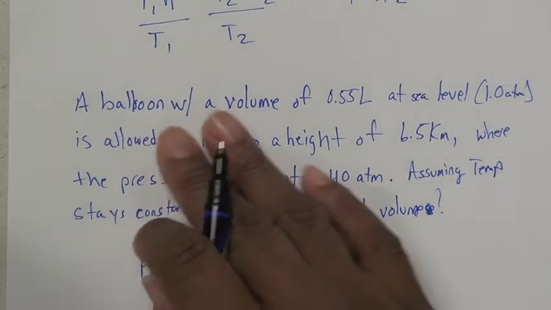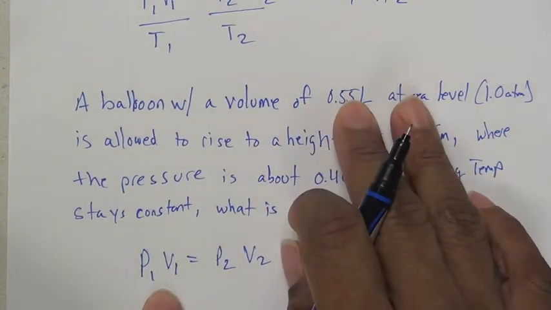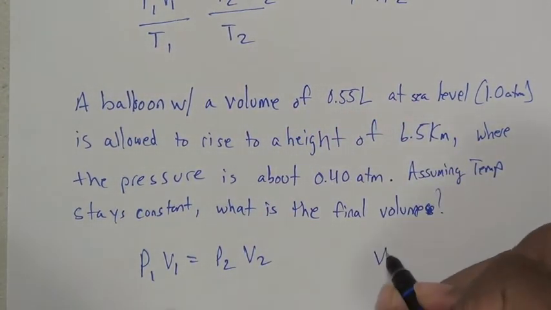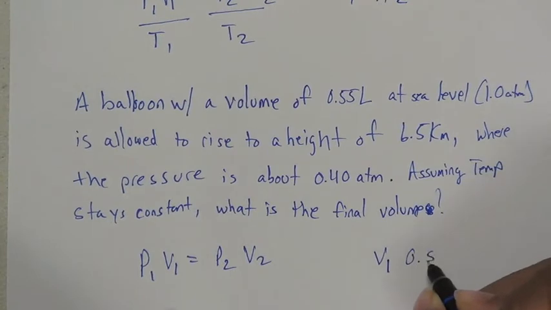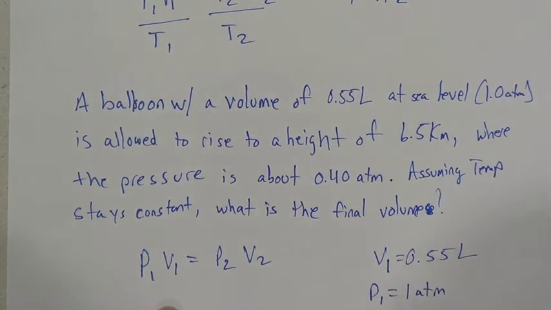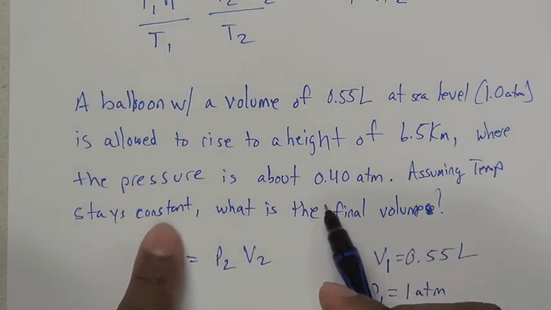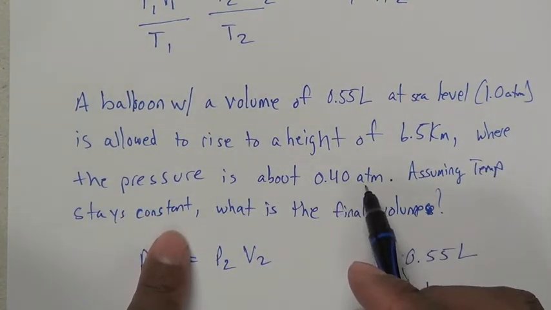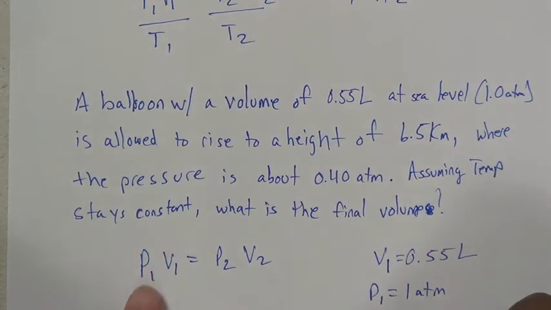Now it's time to plug in what we have. A balloon with an initial volume of 0.55 liters, so V1 is 0.55 liters. It has a pressure of 1 atmosphere, so P1 is 1 atmosphere. The pressure is about 0.40 atmospheres after it rises to this height, so P2 is 0.40 atm, and they ask you to solve for V2.